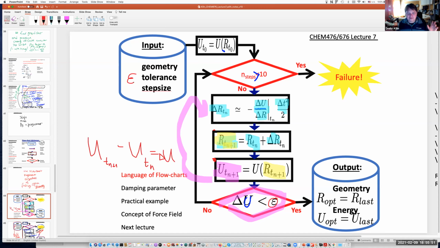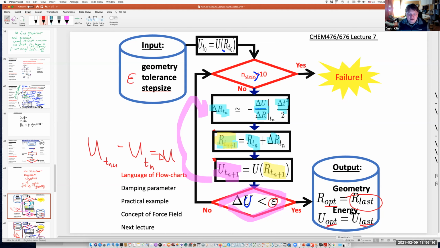What is the criterion of success? And if this criterion of success is matched, then we report the last value of the interatomic position as optimal, the best one, and the last value of the potential as the optimal, the best value of the total energy.